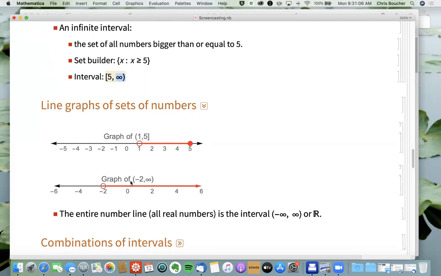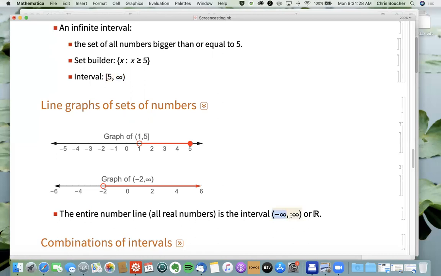Here is the graph of the open interval from -2 to positive infinity. So I have an open circle here at -2 because that's not included. And if the interval is infinite, then I just kind of shade all the way to the right or all the way to the left as appropriate. The entire number line qualifies as an interval.